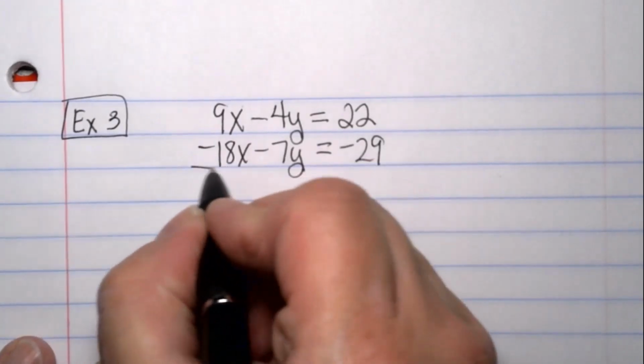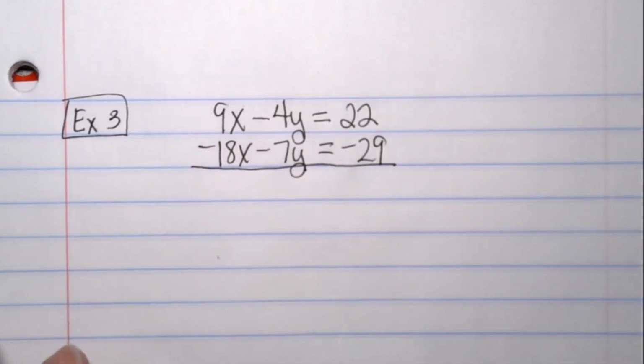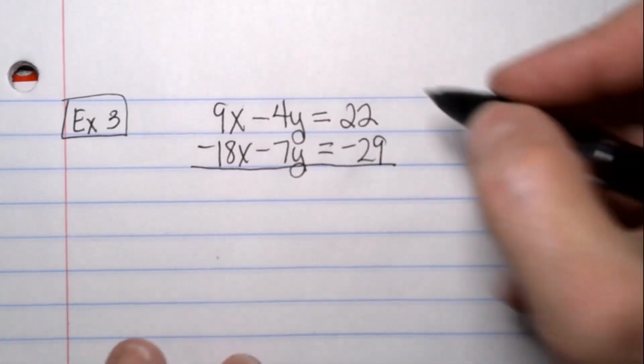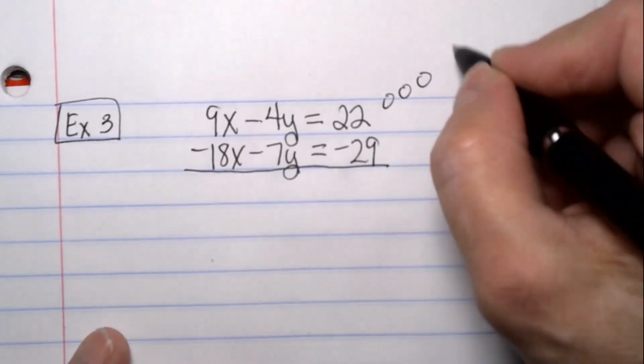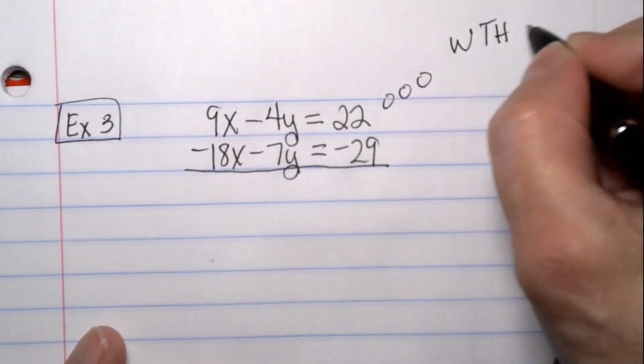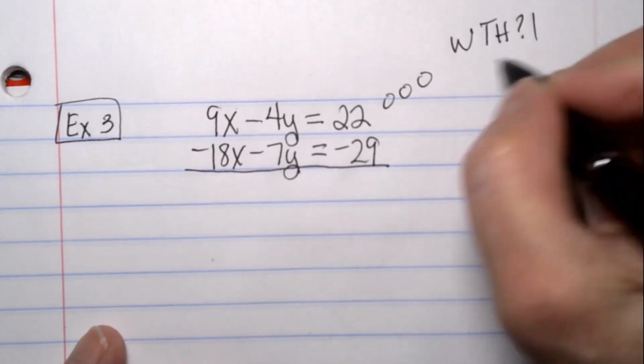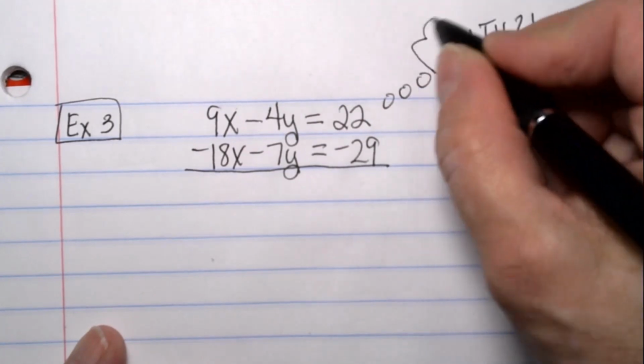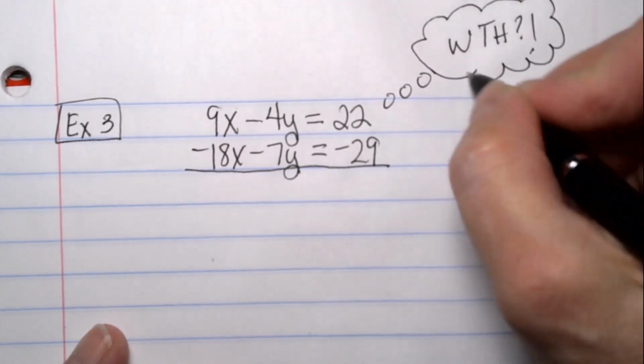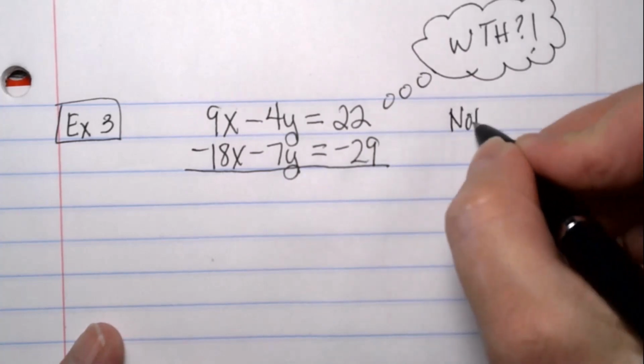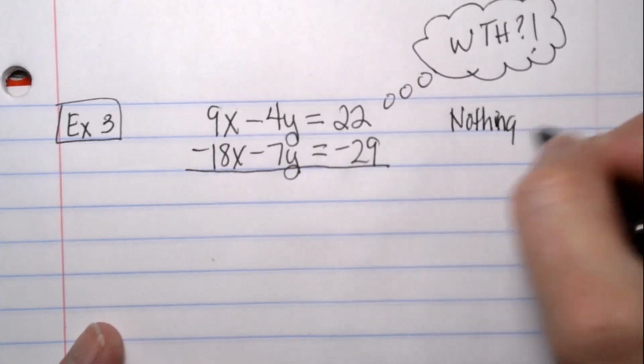We're going to do this one the same way, but when you write this one down, you might be going like, whoa, what the heck? Nothing is canceling. This can happen.